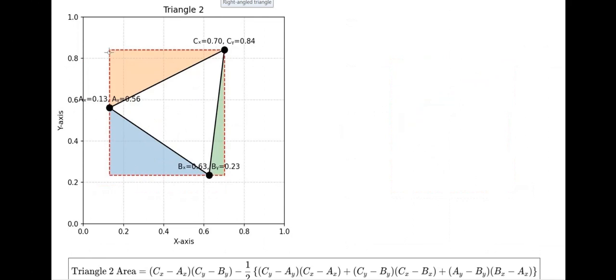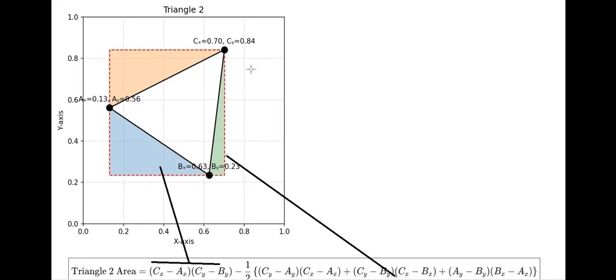The whole box here is the big area of CY minus BY multiply CX minus AX. So the whole box is this term here. This term, CY minus BY, CX minus BX, it's this triangle in here.